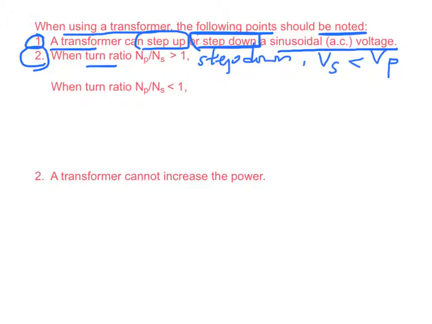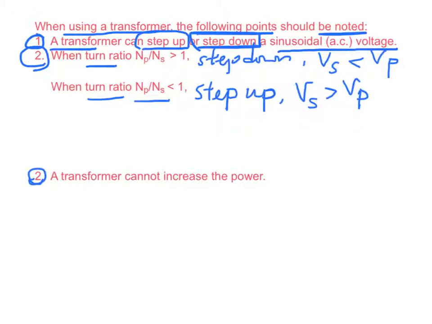However, when the turn ratio Np over Ns is smaller than 1, this becomes a step-up transformer, which means that Vs is larger than Vp. Or we say the voltage is increased.